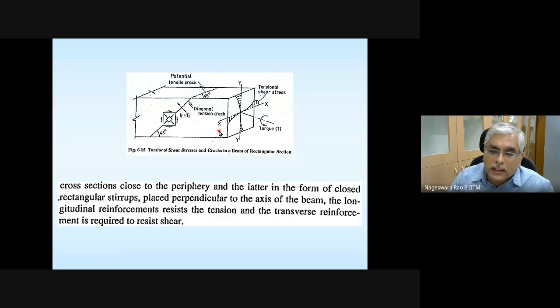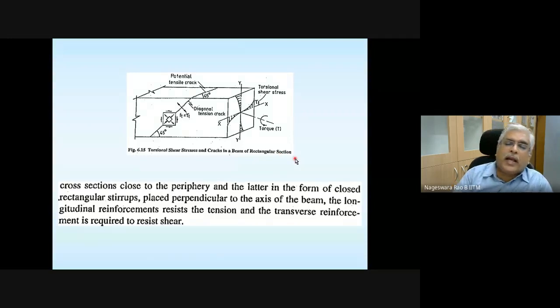And when there are only shear stresses, this is how the crack pattern is going to be, diagonal tension cracks. This is the small element that we discussed when we were discussing the crack pattern: torsional shear stresses and cracks in a beam of rectangular cross section.